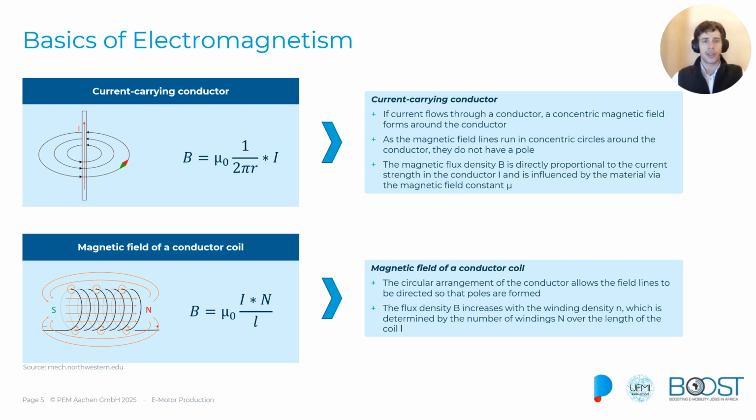And the existence of poles and their interaction with each other is the general principle of electrical machines or motors. Now the flux density B increases with the winding density, which is determined by the number of windings N over the length of the coil L.